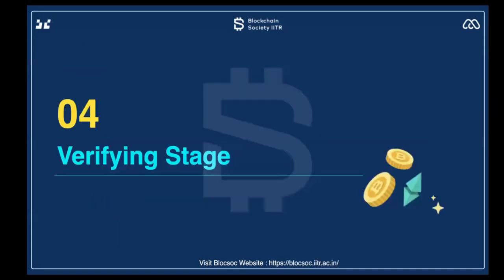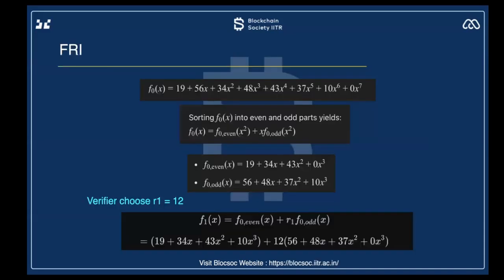You can see that in the hierarchy, the (i+1)th polynomial is determined by the even and odd parts of the ith polynomial. So if we can somehow represent the even and odd parts of the polynomial in terms of the original polynomial, that means I have represented the f(i+1) polynomial in terms of the previous polynomial.